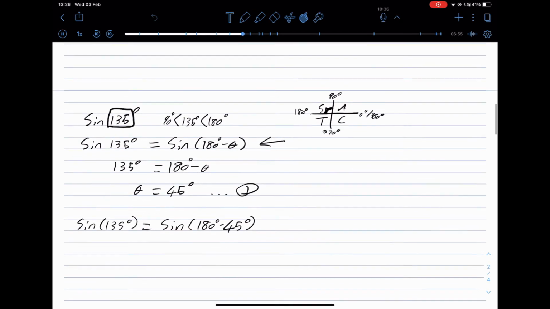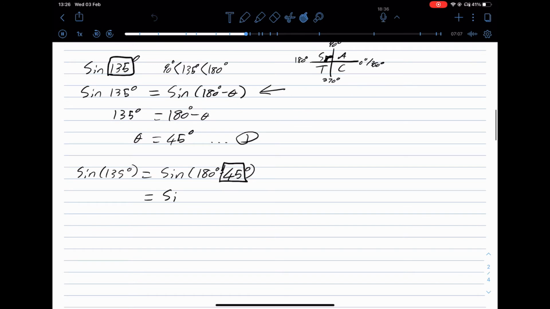We discussed that in a previous video. So what this means is that once you've got your theta, your reference angle, you can simply rewrite this as sine 45 degrees. That's why reference angles are so powerful, because we may not know the value per se of sine 135, but we can certainly reduce it to sine 45, and we know the value of that.